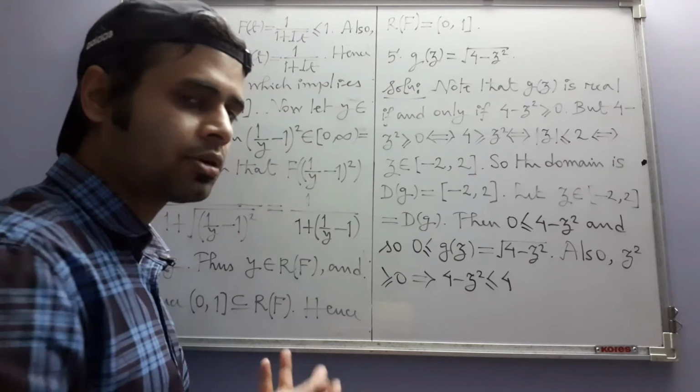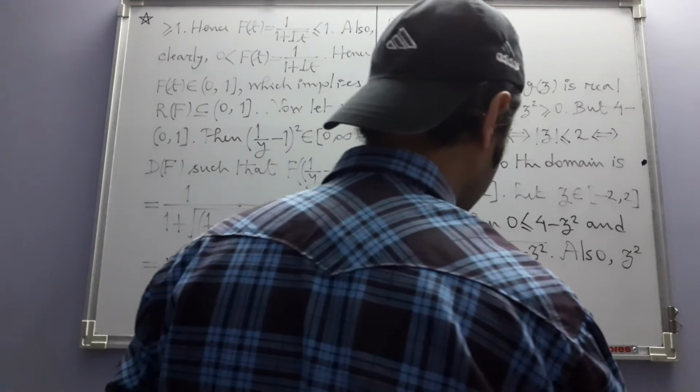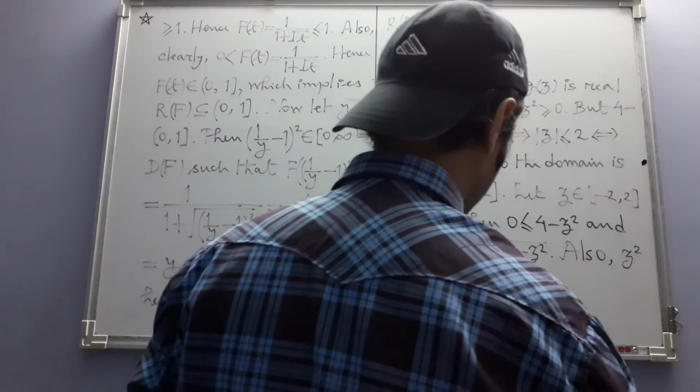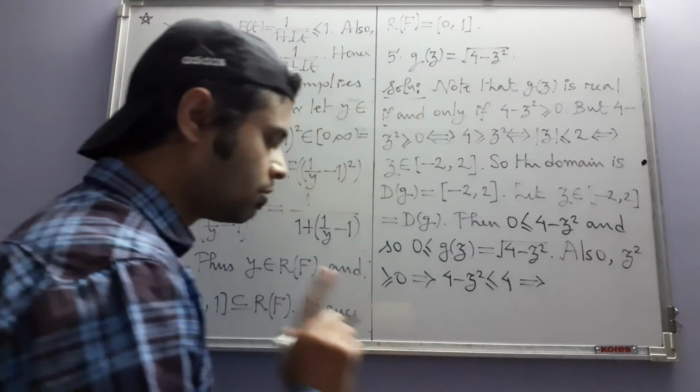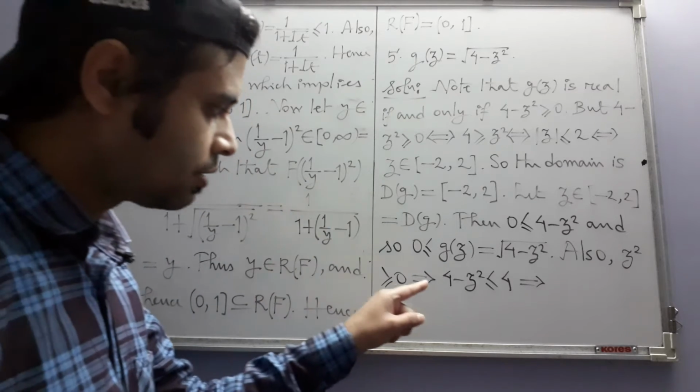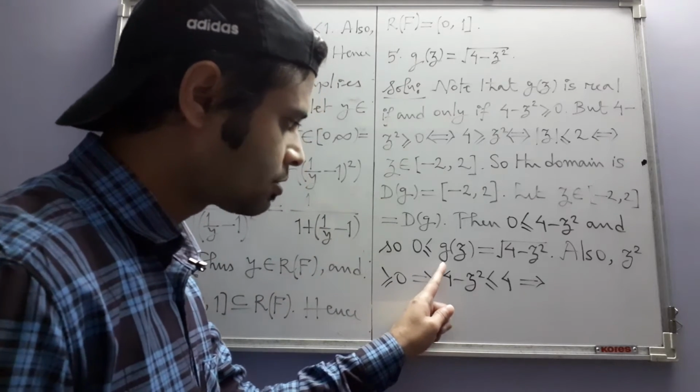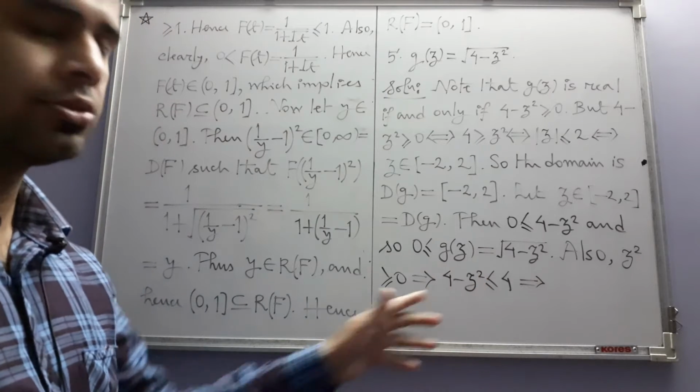So you add 4 on both sides, you get this, and now we are going to take square roots on both sides.